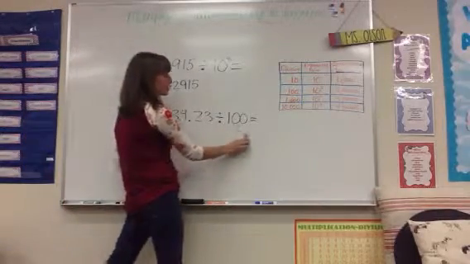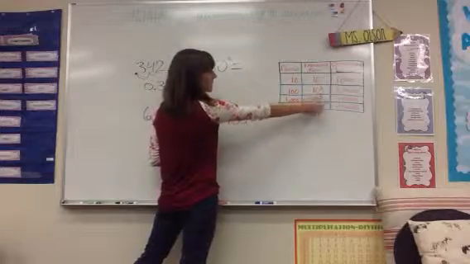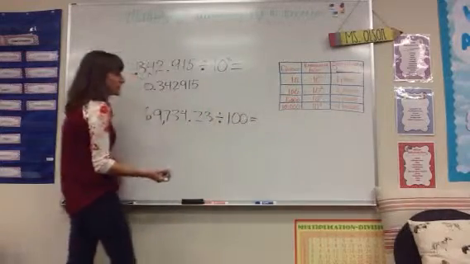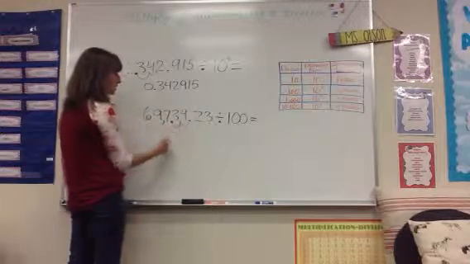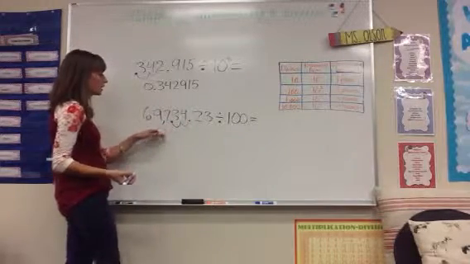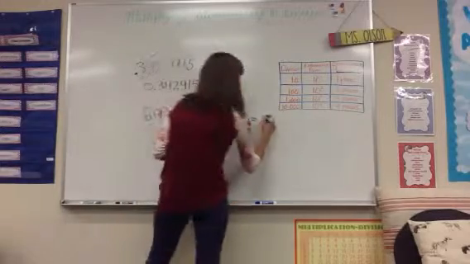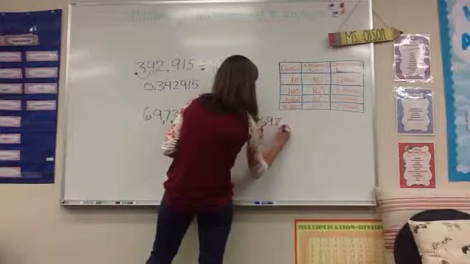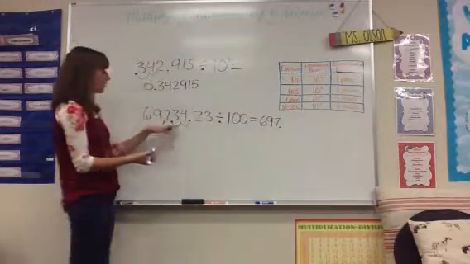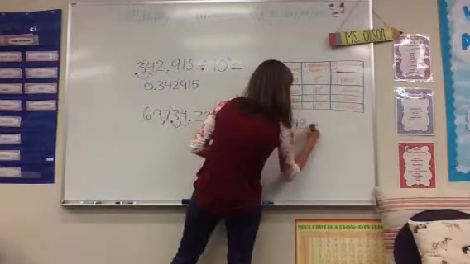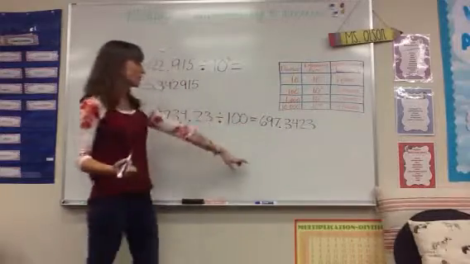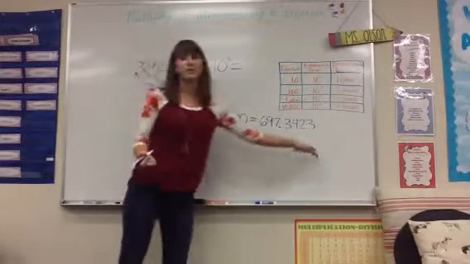Looks like there's 2 zeros. It's 10 to the second power. That means you move it 2 places to the left. Boom, boom. Here he is. So now it becomes 697.3423. No commas, because you only have up to the hundreds place, and there's no commas to the right of the decimal.